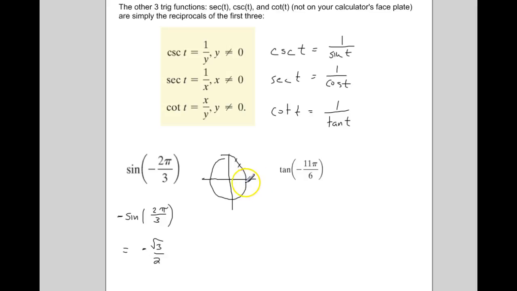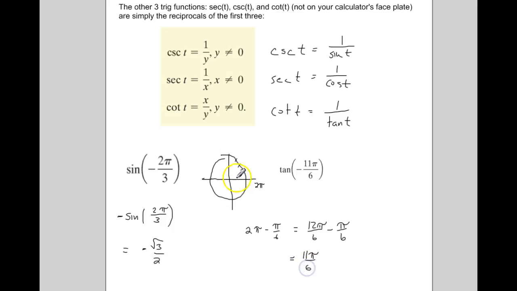If you remember, all the way around one trip was 2 pi, and remember that rotating up was pi over 6. So 2 pi minus pi over 6, that's 12 pi over 6. Remember, 2 pi is the same thing as 12 pi over 6 minus pi over 6, which is 11 pi over 6.